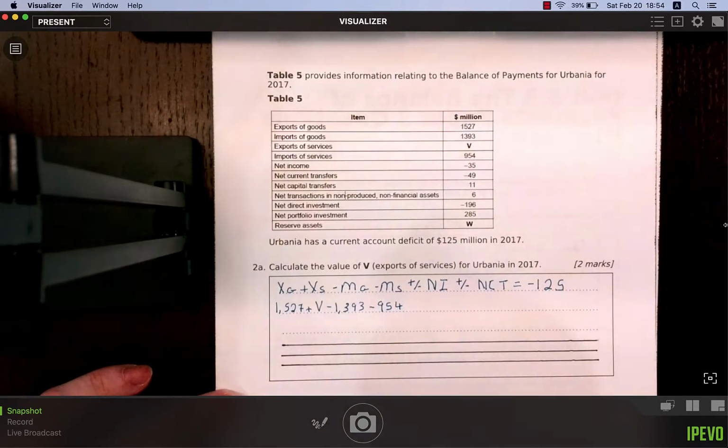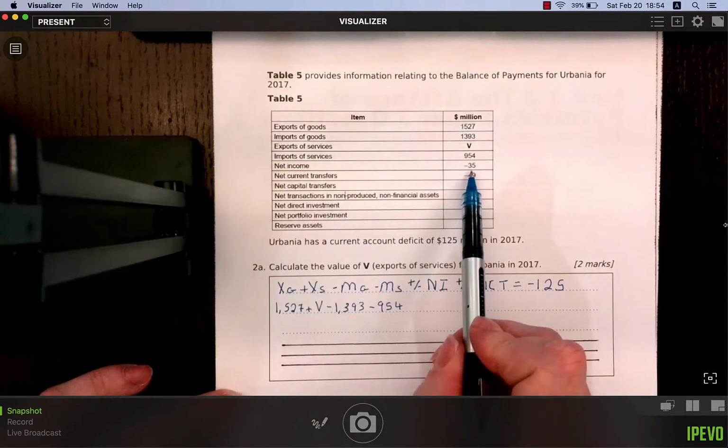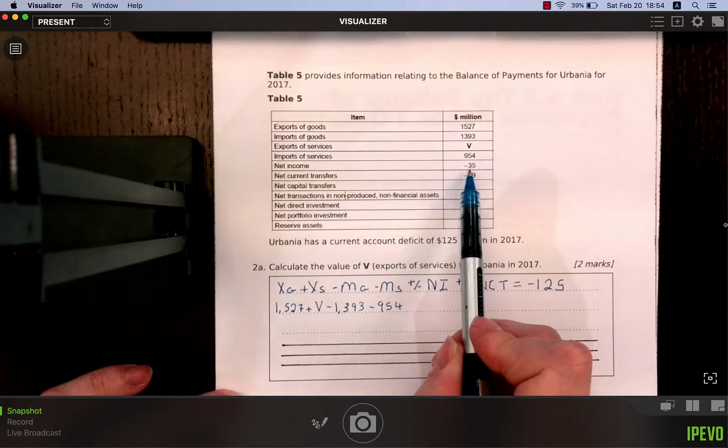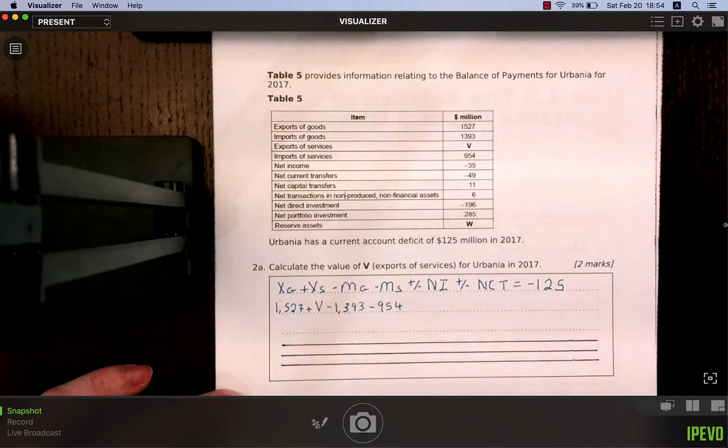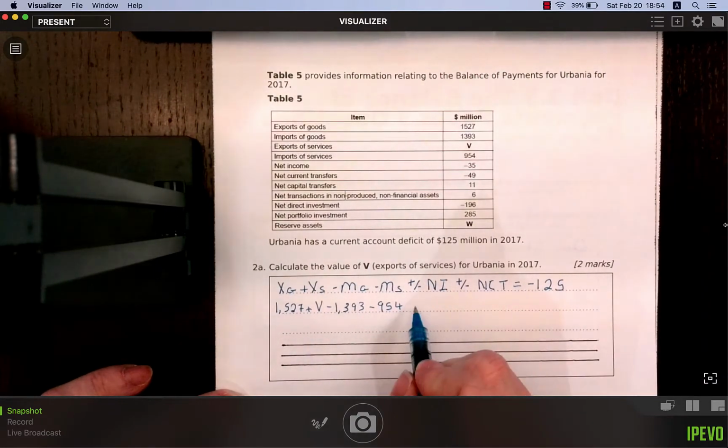Plus or minus net income. Well, it depends. We see that this is a minus, so foreign factors of production operating in Urbania have sent more money out of Urbania than Urbanian factors of production abroad have sent in. So this is going to be a minus 35.